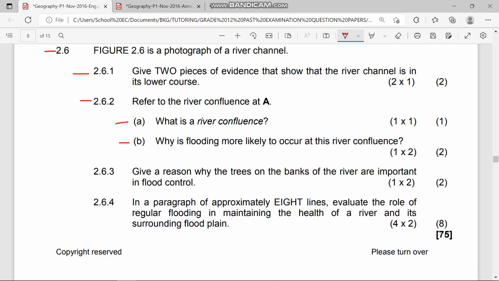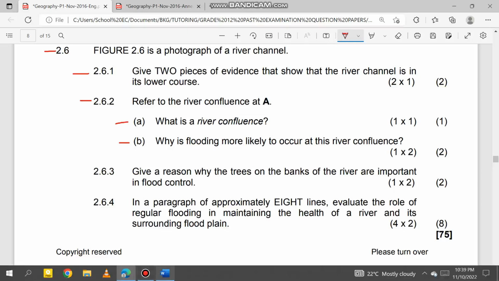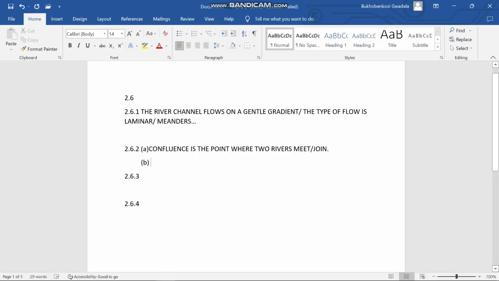And the other thing is that it's on a gentle slope, a gentle gradient. Also, you can say the colliding rivers at the confluence slow down the flow. If the flow slows down, there is high possibility that the level of water increases. So we can say two streams converge, increasing volume of water.